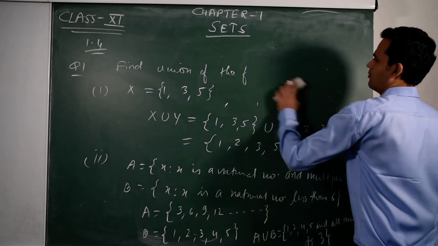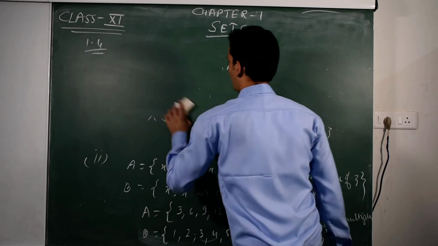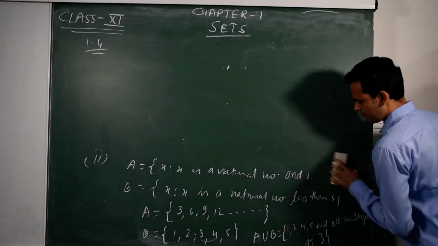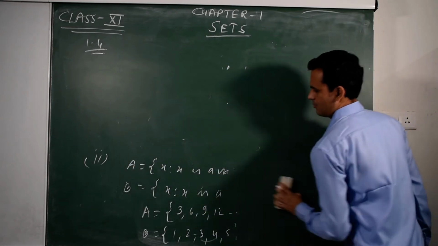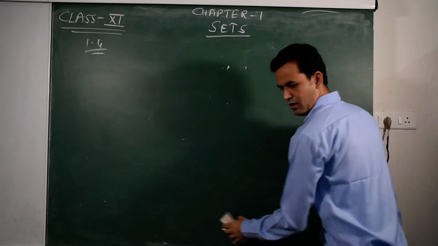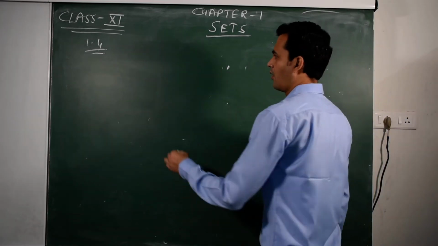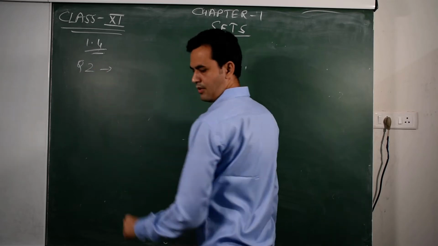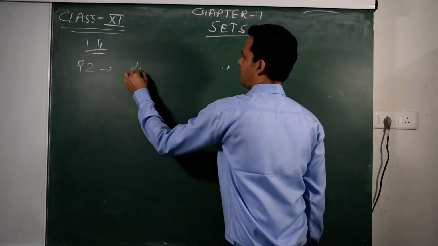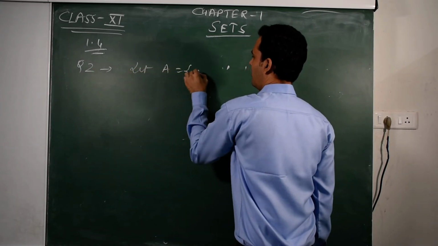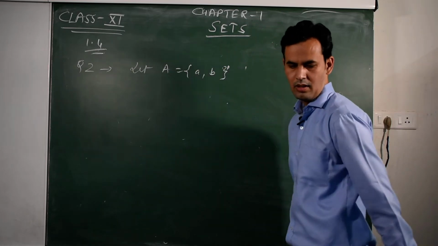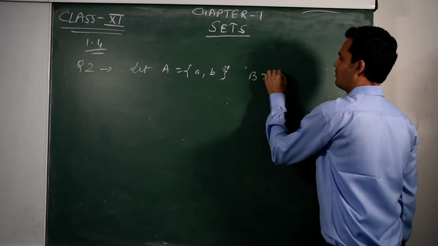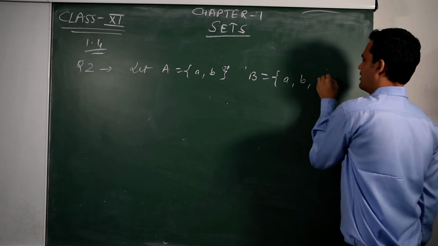Now, next question, question number 2. Let A equal to {a, b} and B equal to {a, b, c}.